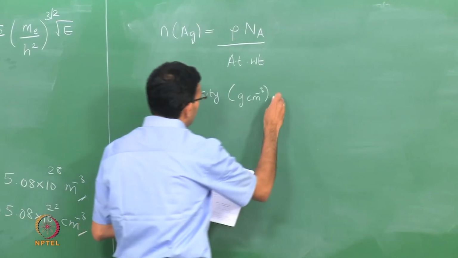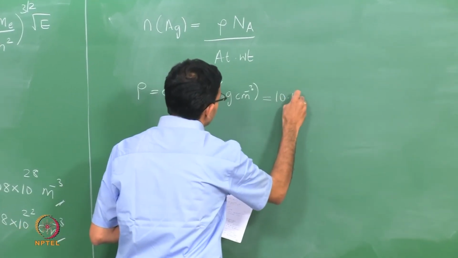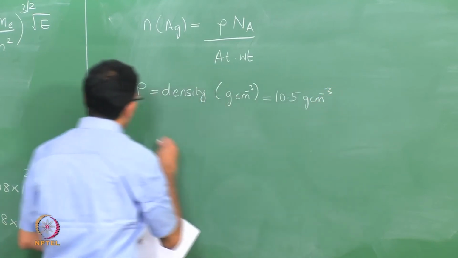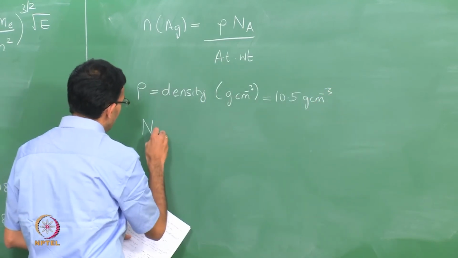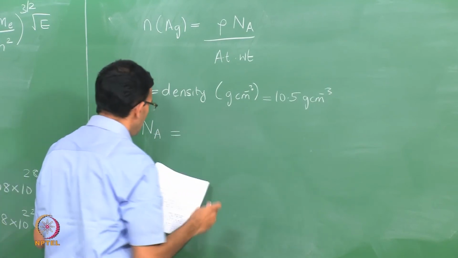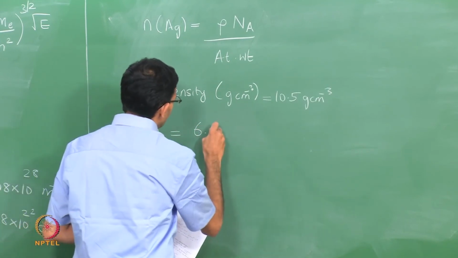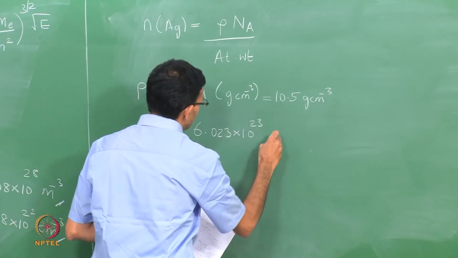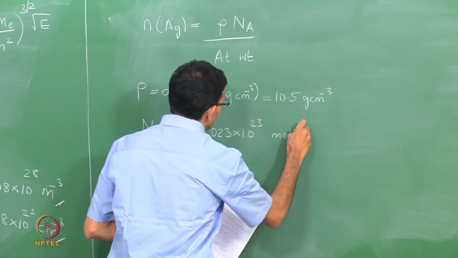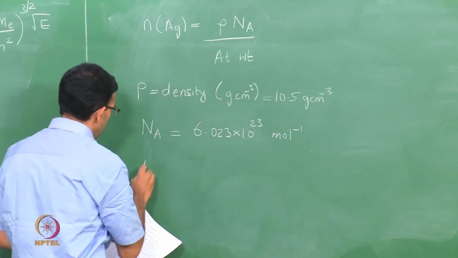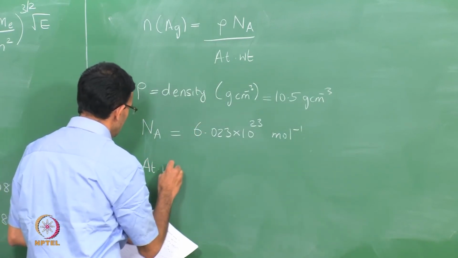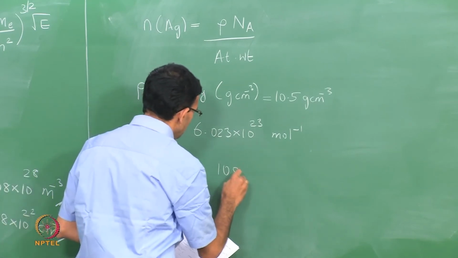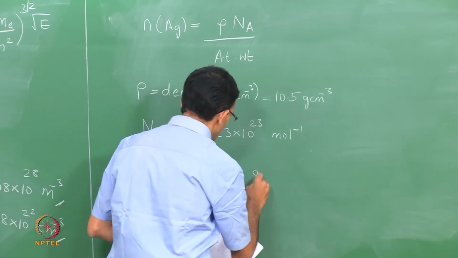For silver, the value is 10.5. Na is Avogadro's number, which is the number of atoms per mole, is 6.023. And atomic weight for silver is 108 grams per mole.